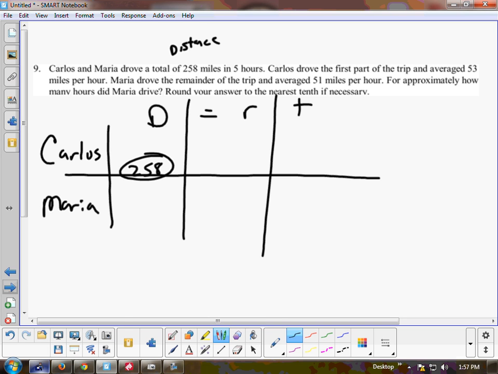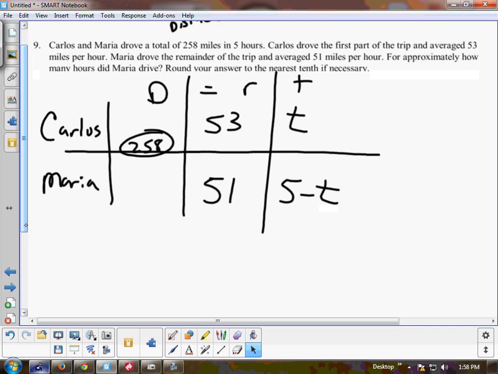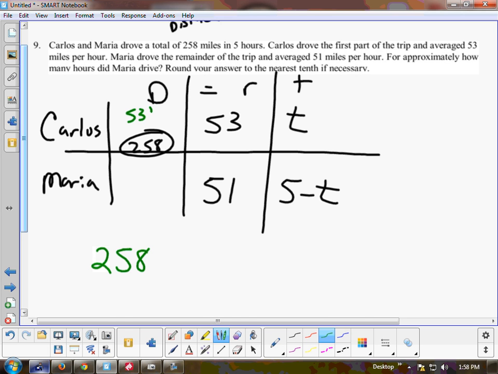So let's do Carlos is the time, and then Maria's time would be 5 minus Carlos's time. Carlos drove 53 miles per hour. That's his rate. And Maria drove 51 miles per hour. So we have to set it up this way. This is a little bit more difficult than what we've seen, but we have to do 258 is the one distance, the rate times time, 53t, plus the other distance would be 51 times 5 minus t.